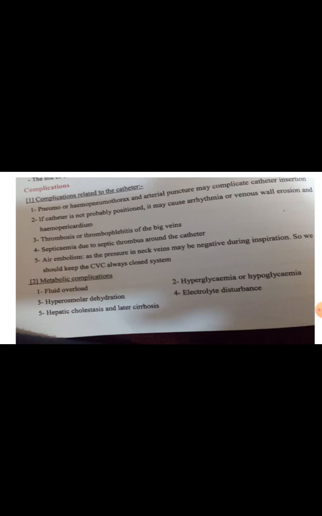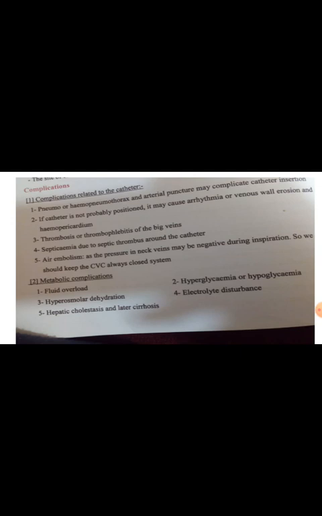If the catheter position is misdirected and affects the heart, it leads to arrhythmia. Other complications are infection in the veins, thrombophlebitis of the veins, catheter site sepsis, and air embolism, from negative pressure in the neck veins.